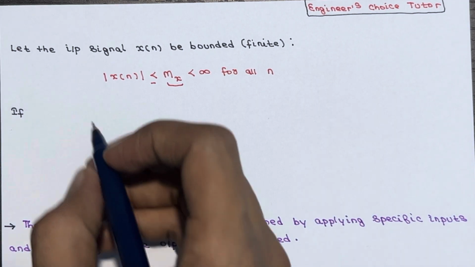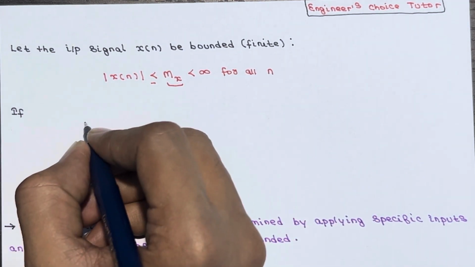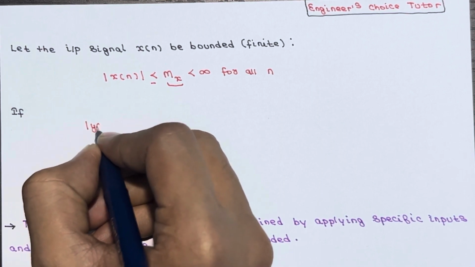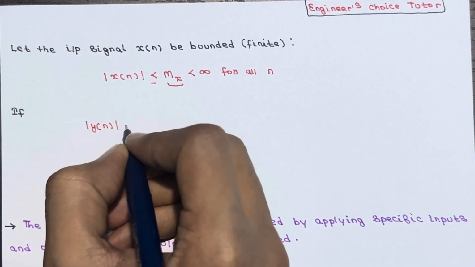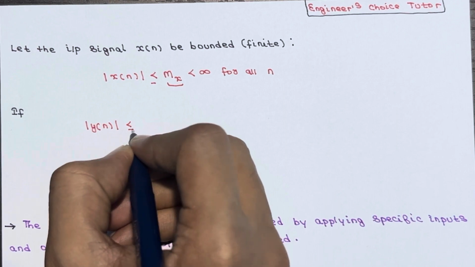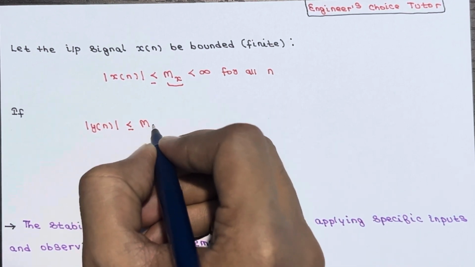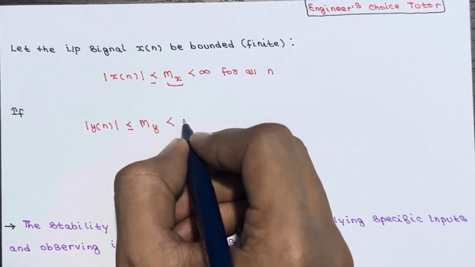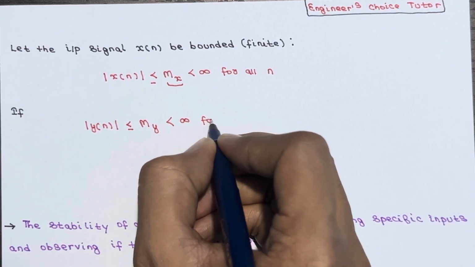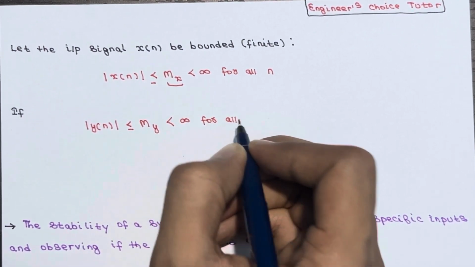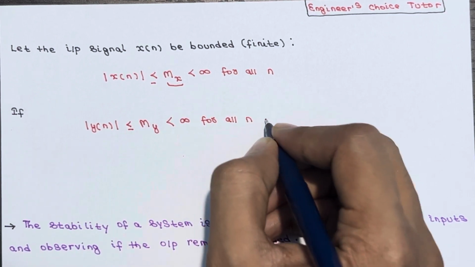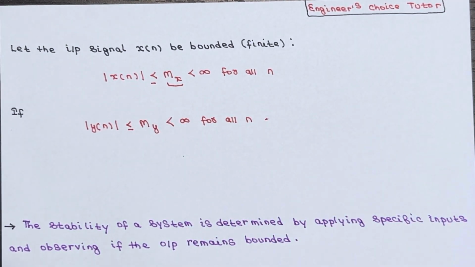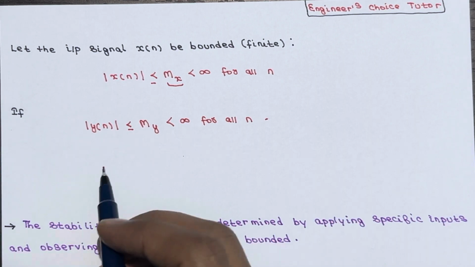So in this case, if you get mod y of n, which is the output, smaller than or equal to My, and this My is smaller than infinity for all n, then the output is also bounded.